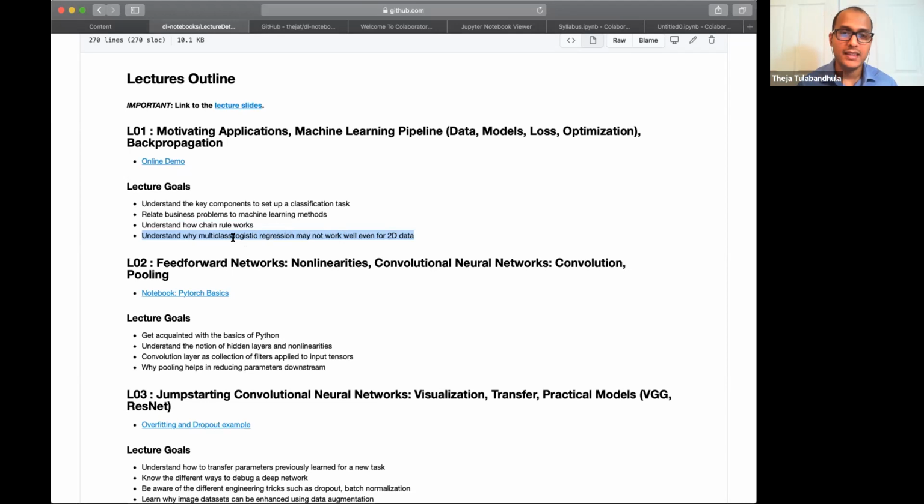Then it may not be enough. We'll see a very synthetic example to show that some of these methods, typically called shallow methods, which complement deep learning, may sometimes not work. That's the last point, so that's the goal for today.